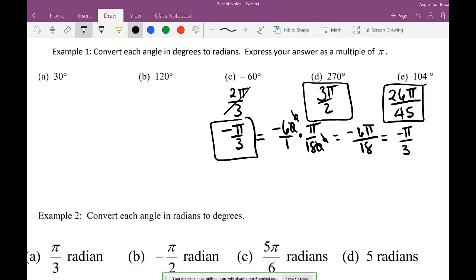Yes, Aaron. So if negative 60 is 300. Oh, good question. Is negative 60 the same as 300 degrees? Raise your hand if you have that answer. Is negative 60 degrees the same as positive 300 degrees?